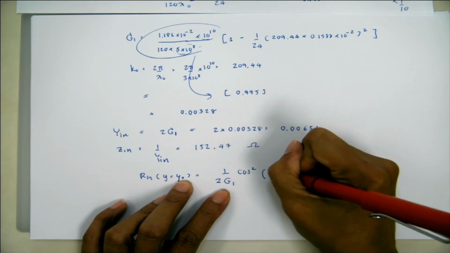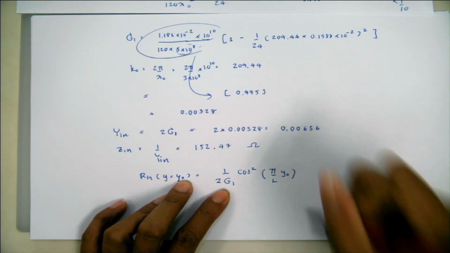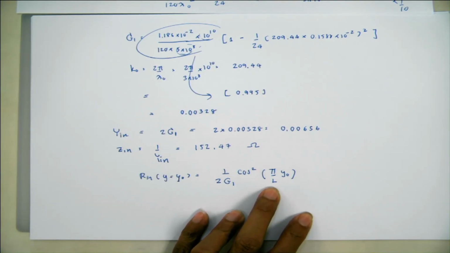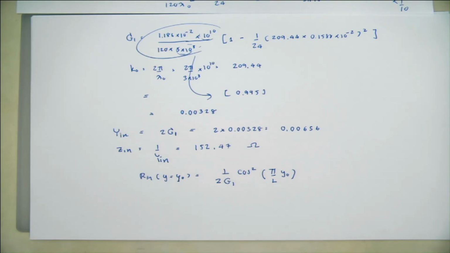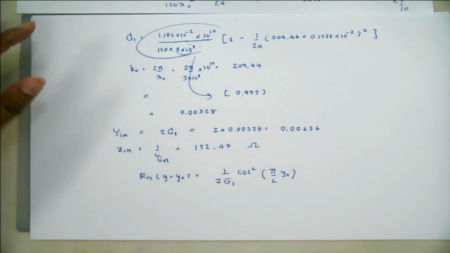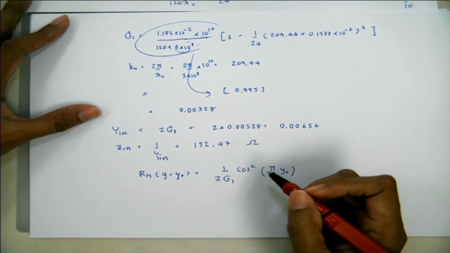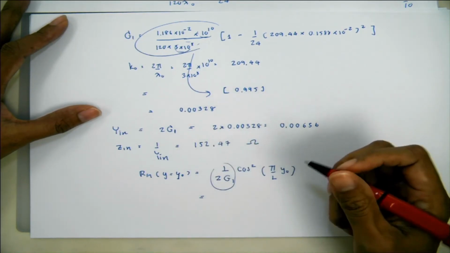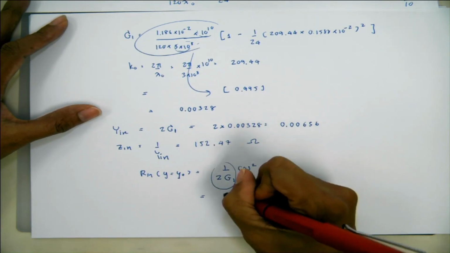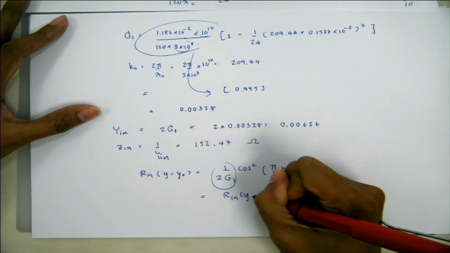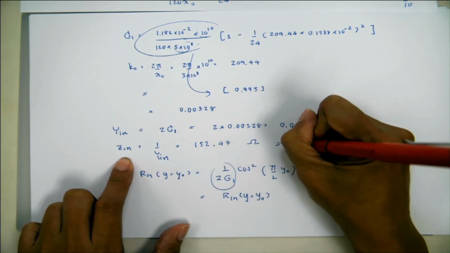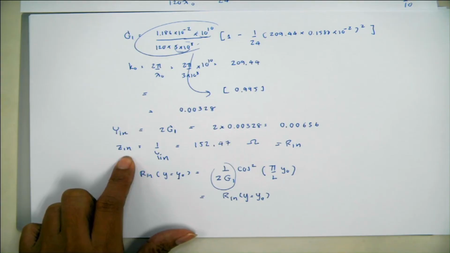I forgot, we will eventually use this L in the calculation, so we cannot neglect L. So 1 over 2G1 is our Rin at y equal y0, our input resistance to our patch antenna.